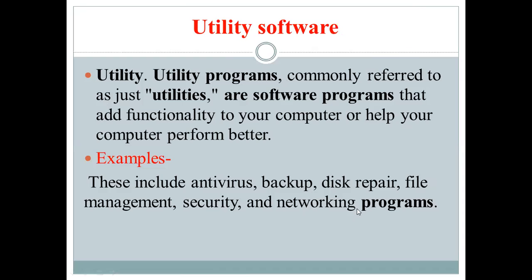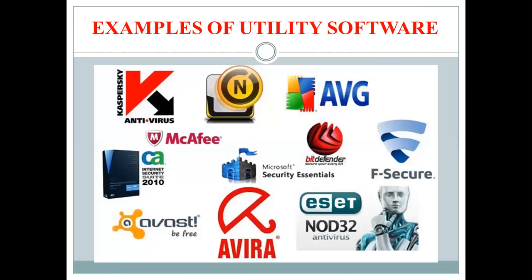This utility software helps us to work in the computer, and it adds functionality to your computer or helps your computer perform better and better. See, these all are the examples of utility software you can see in this picture.